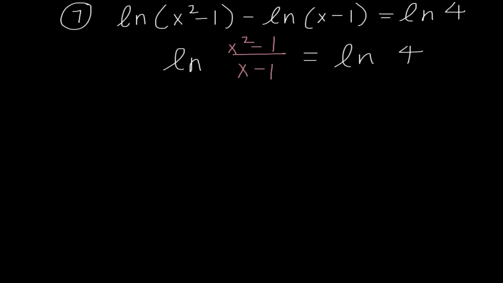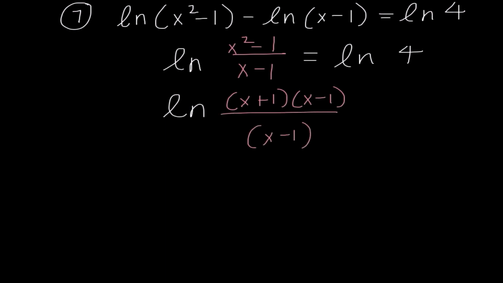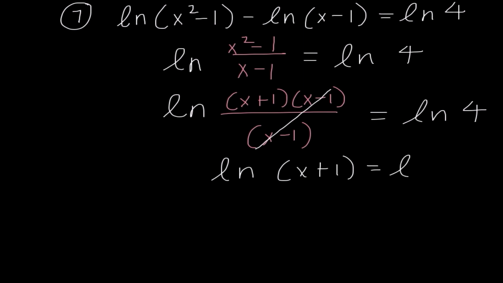So I can go ahead and make x squared minus 1. I'm going to factor that into x plus 1, x minus 1, over x minus 1 equals ln of 4. And in this case, those x minus 1's cancel out. Okay, so we have ln of x plus 1 equals ln of 4.